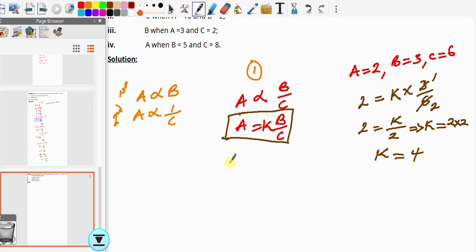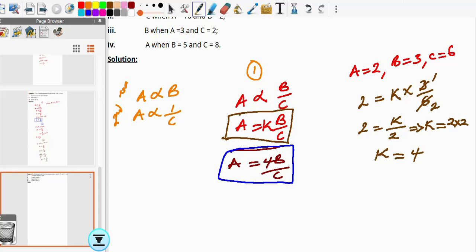So we have our A will be equal to 4B over C. This is the equation that you'll be using to solve questions that are Roman figure 2, 3, and 4.